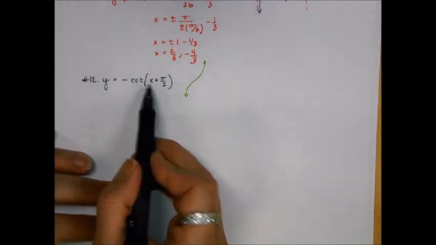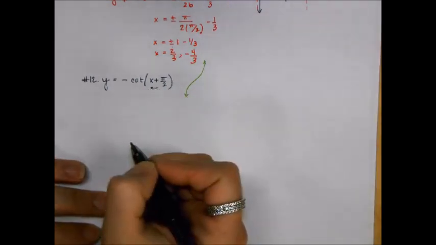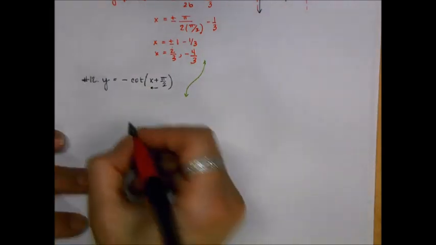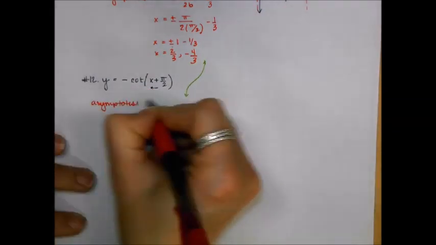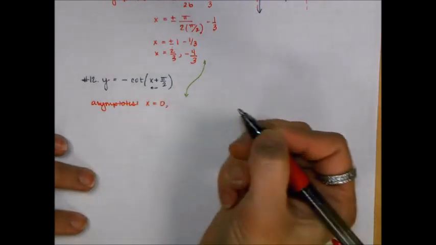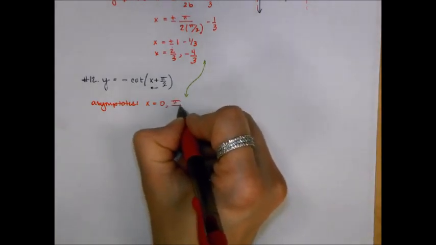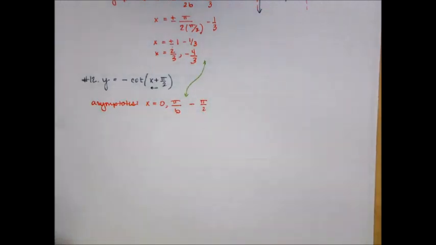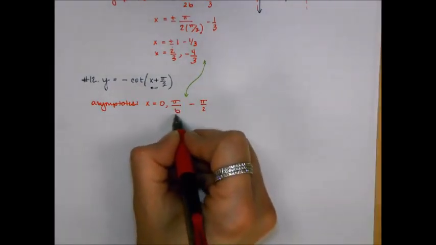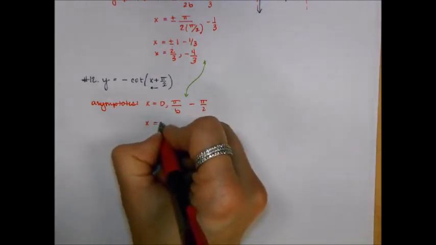We're going to start by finding the asymptotes. And for cotangent, those are at 0 and pi over b. And then we'll subtract pi over 2 from both. So pi over b is the only one that's going to need to be evaluated here. b is 1. So I have 0 and pi, and then I want to shift them left pi over 2.